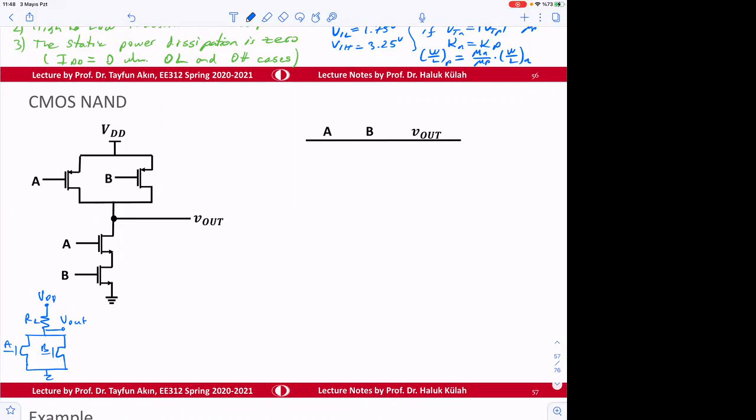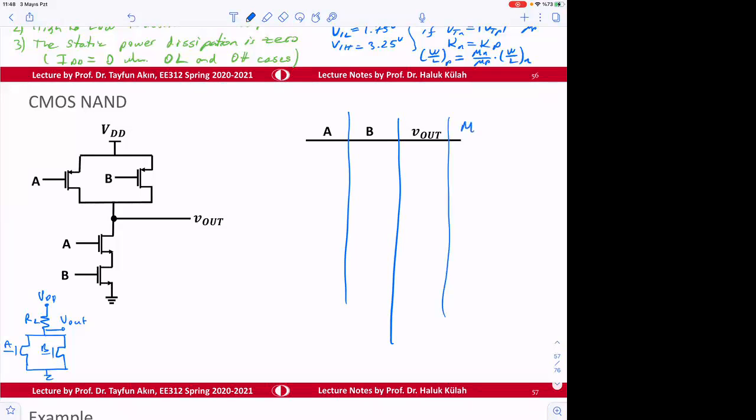But here we need to implement both NMOS and PMOS for each of the input signals. So if the input is low, we can maybe even make some cases for the PMOS and NMOS. We really don't need to, but just if you want.